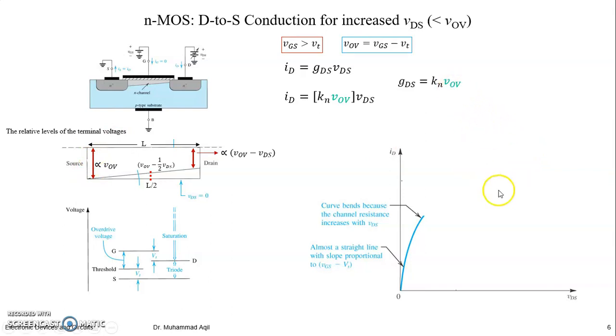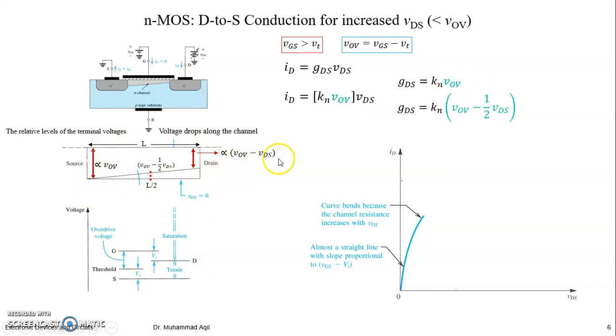VOV? No. Basically, voltage is dropping along the channel. This is the reduction of voltage, so I have to take this value, which is VOV minus VDS. Here we again have VOV only. Previously we took only VOV because the channel depth was the same, proportional to VOV.